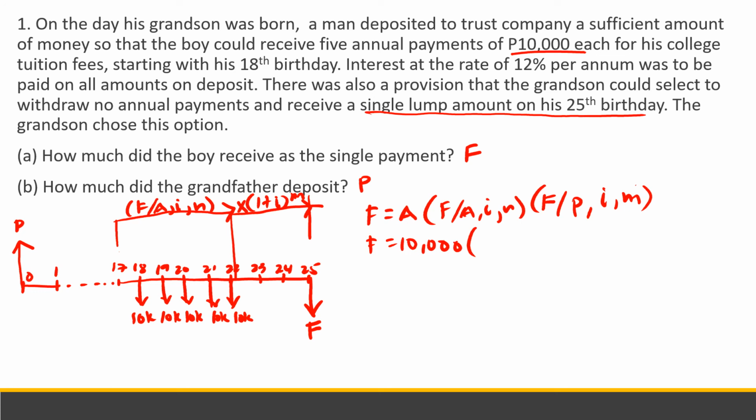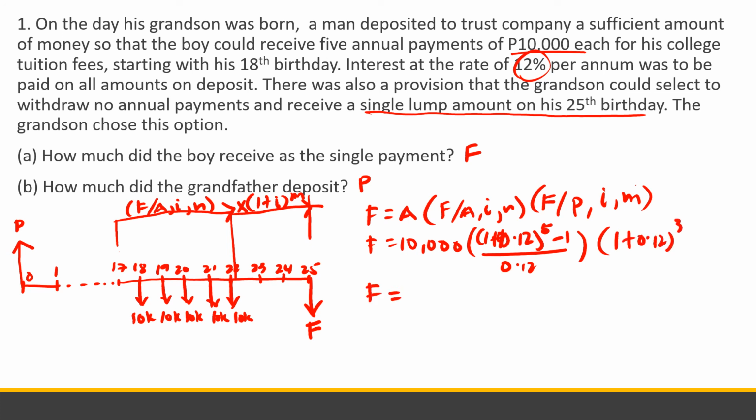So the future amount will be 10,000 multiplied by 1 plus 0.12, this is 12% per annum, to the power of 5 minus 1 over 0.12, multiplied by 1 plus 0.12 to the power of 3.